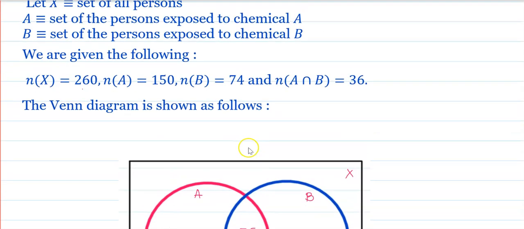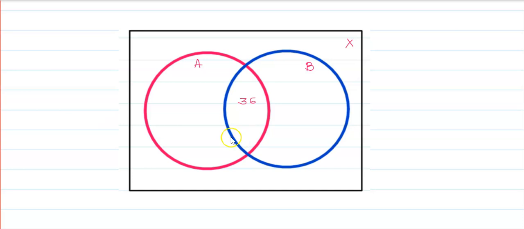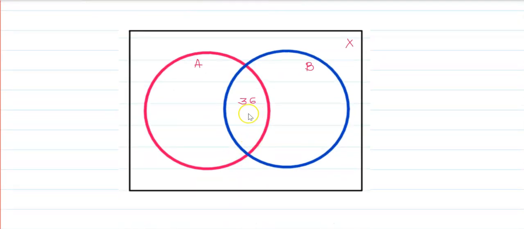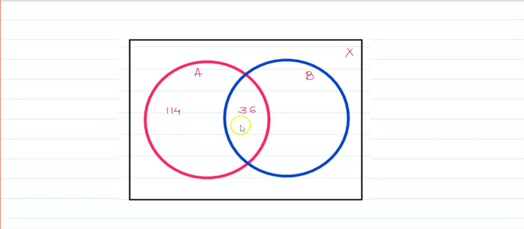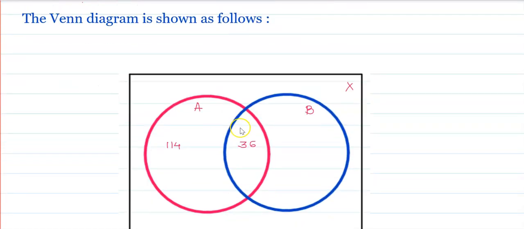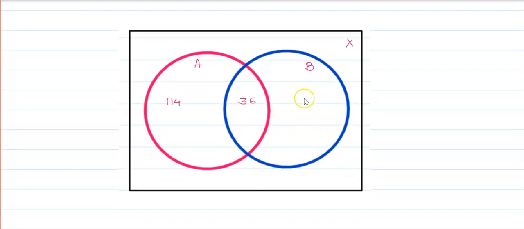The number of persons who were exposed to chemical A is 150. 150 minus 36, then here you will get 114. Next is chemical B. They are 74. Therefore, 74 minus 36, then you will get 38.